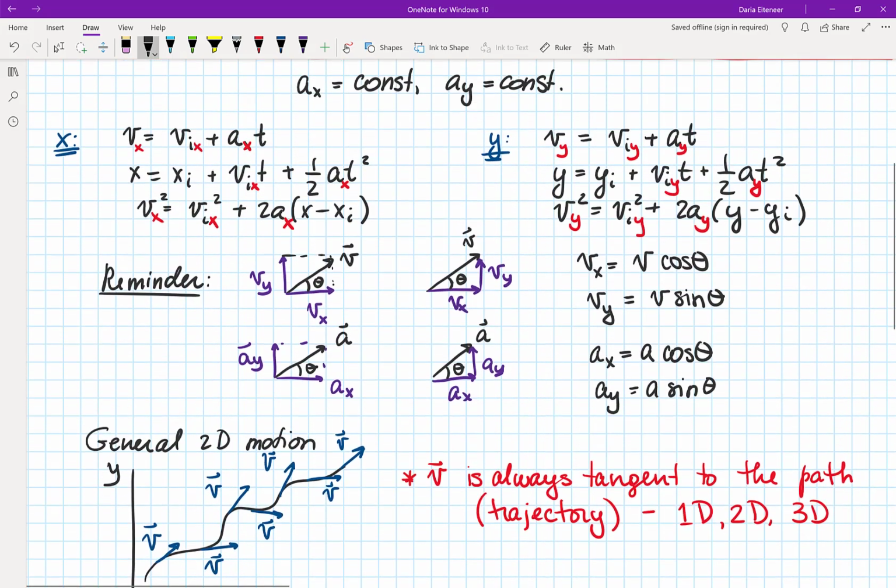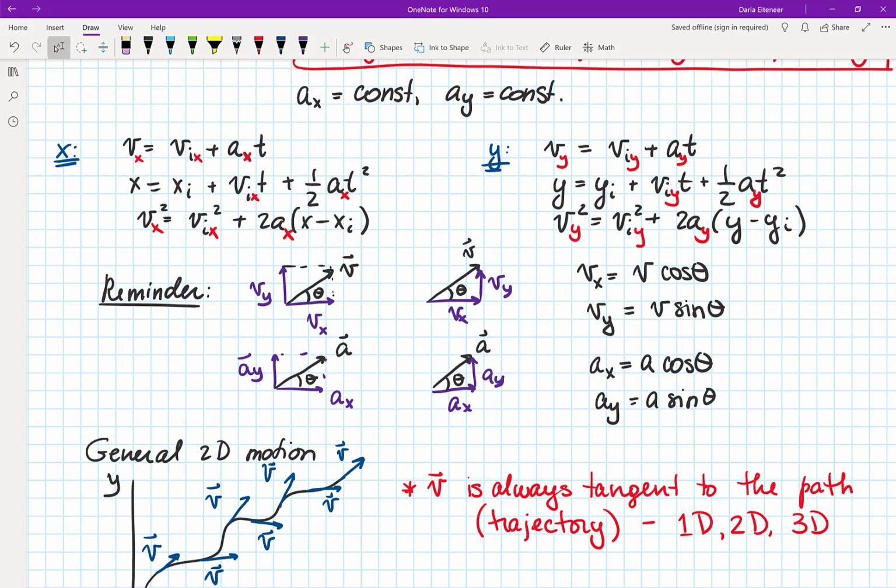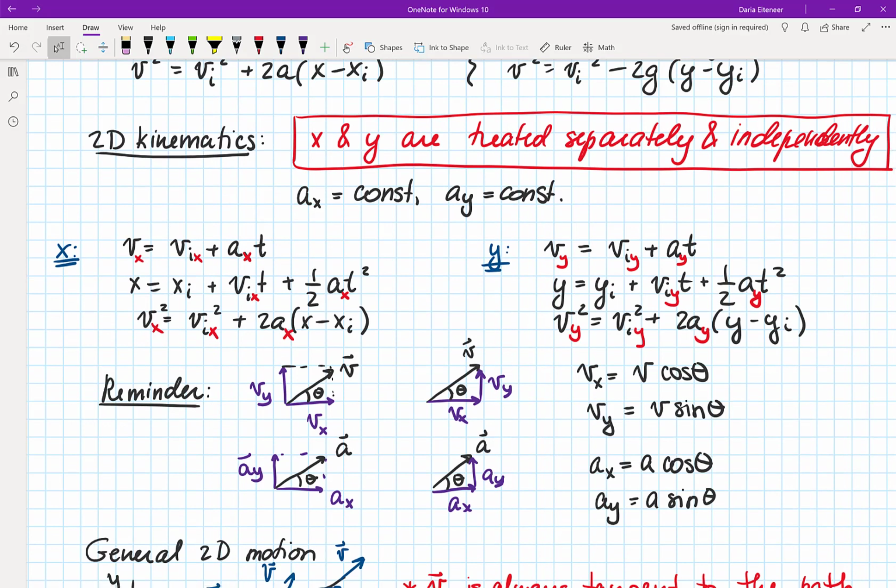All of those, doesn't matter what's going on exactly, all of that is going to be governed by these principles. Most important one of which is that x and y are always treated separately and independently. Motion would be simultaneous in x and y. So all of these equations where you see t, you're going to use the same t for x and y. But you're still going to do these calculations separately and independently.